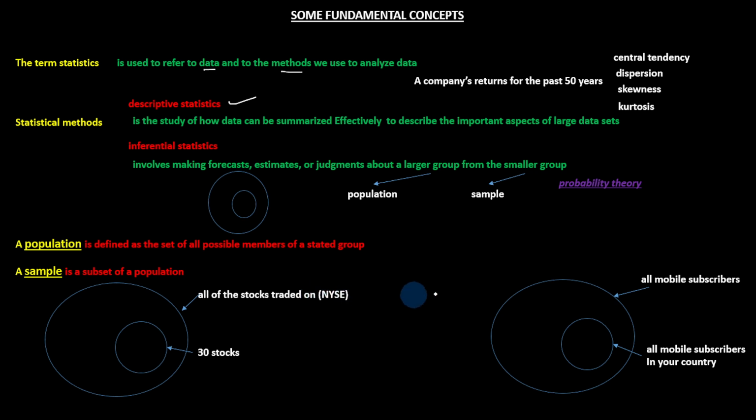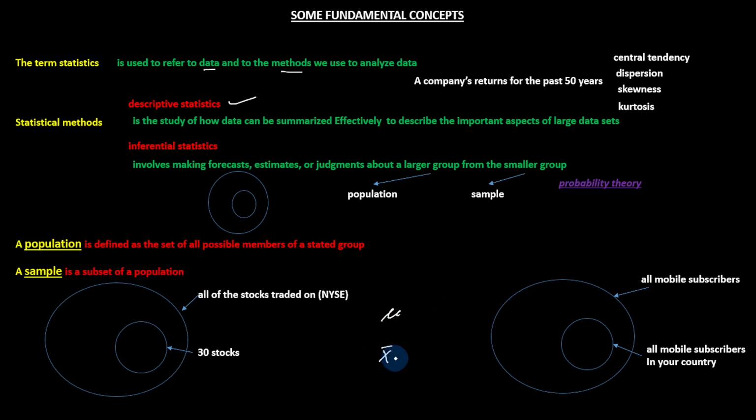Now, we also have different notations to show whether we're talking about a population or a sample. Let's say we're talking about the average of a population. We show it with a notation called mu. And if we are talking about the average of a sample, we use the notation called x bar. For the reader, if they see the population notation, they know that the result is quite accurate because you have used all the members of that population.